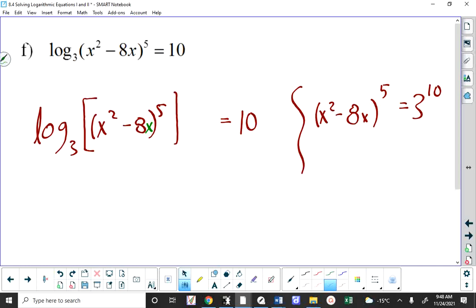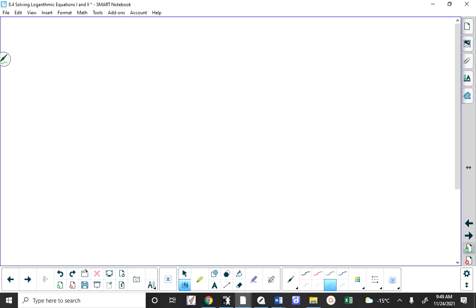But I do know that the only way for you to solve this equation is to expand out x squared minus 8x to the 5. Let me write that down for you to look at.